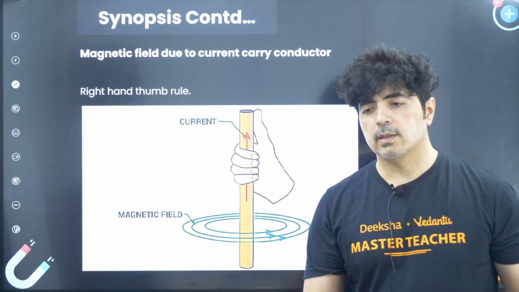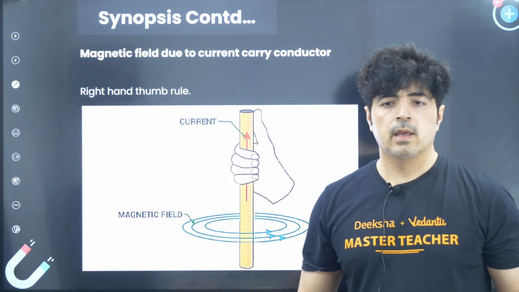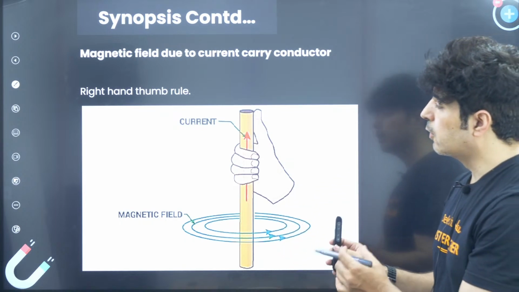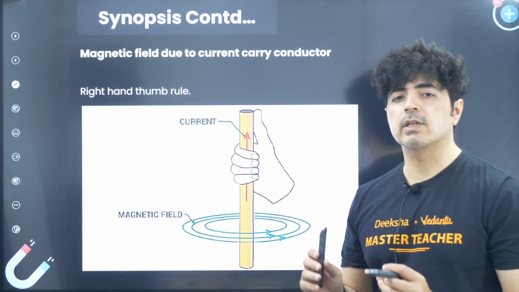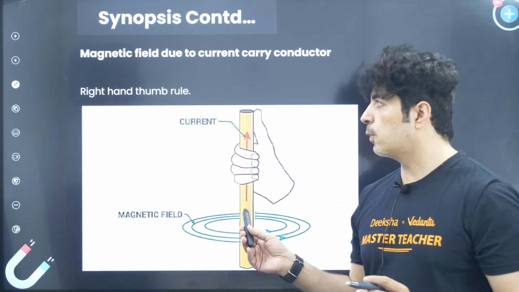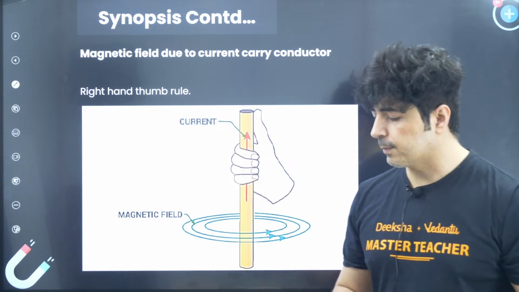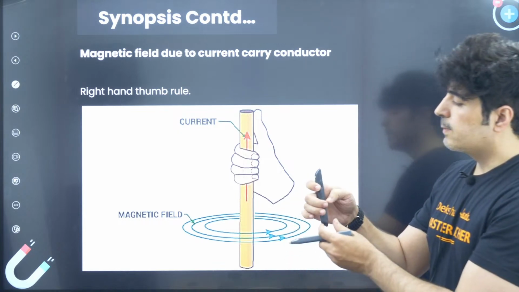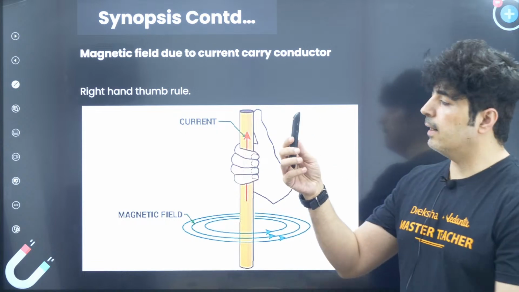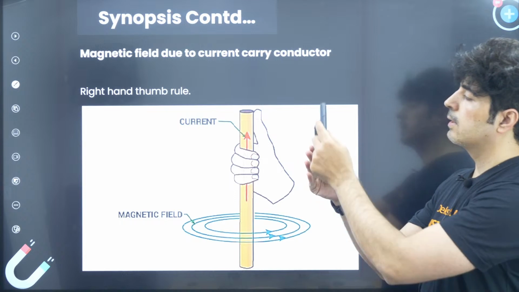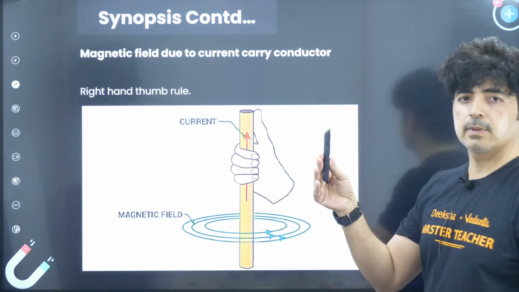When current is flowing in a conductor, what will be the direction of the magnetic field? This is what the right hand thumb rule tells us. Let's say this is my conductor and the current is going from bottom to up.